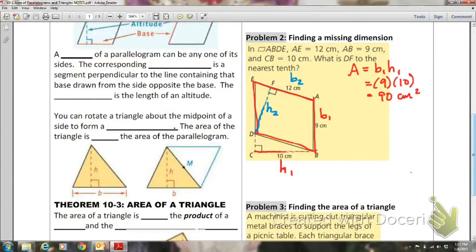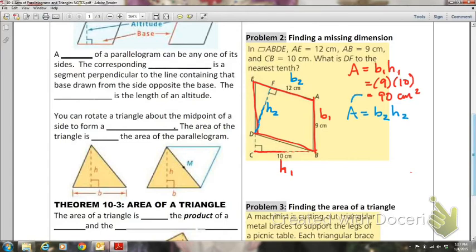If we turn it and go the other direction, looking at it from the perspective of the other side being the base, AE being base 2, and the height that goes with it, the area still has to equal 90.